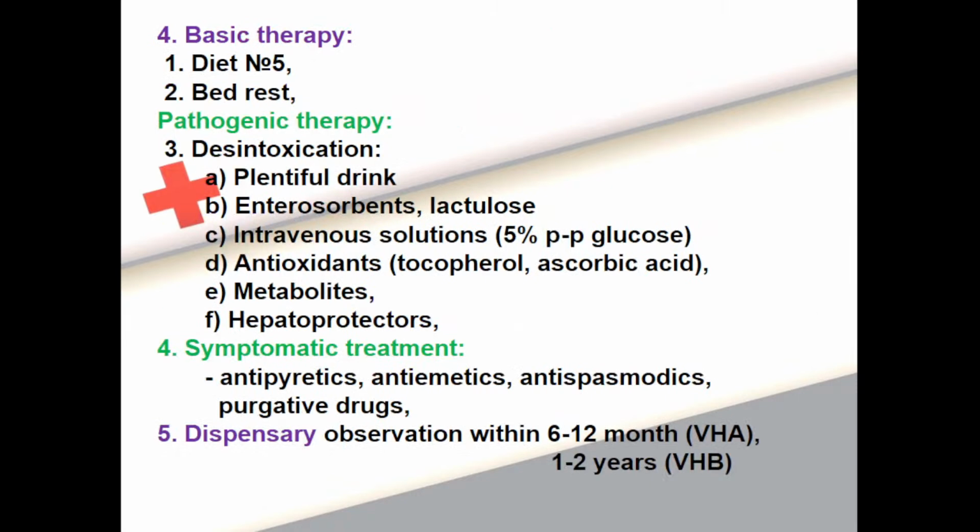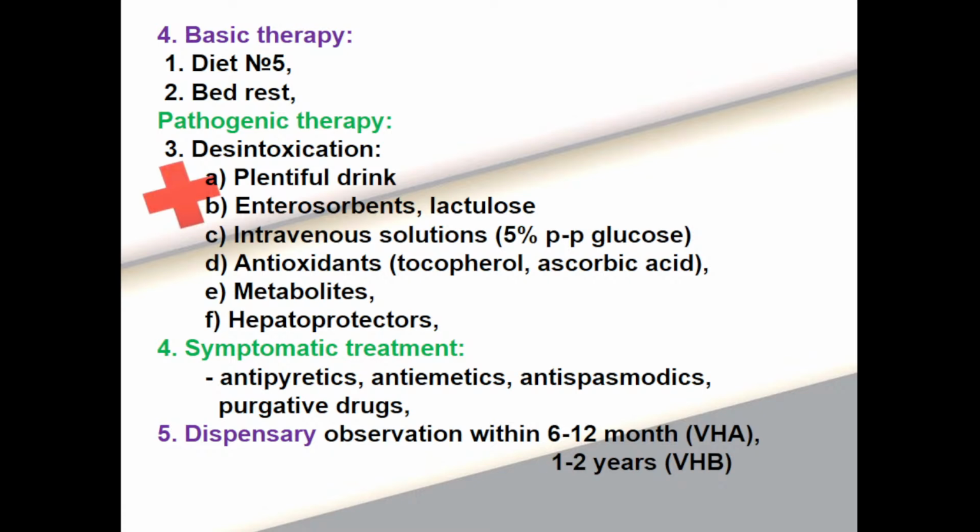Basic therapy, by the way, is the same as treatment of hepatitis A: bed rest, diet number 5, plentiful drink. Or detoxification, which is plentiful drink, antiresorbents, maybe lactulose, intravenous 5% glucose solution, antioxidants, tocopherol, ascorbic acid, metabolites, hepatoprotectors.